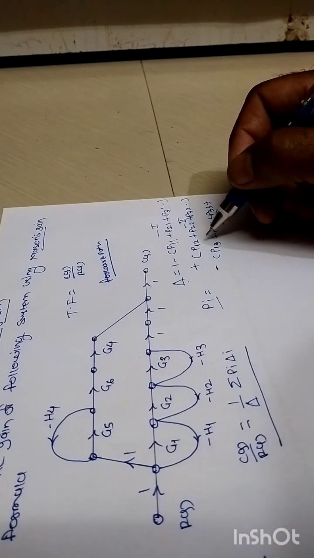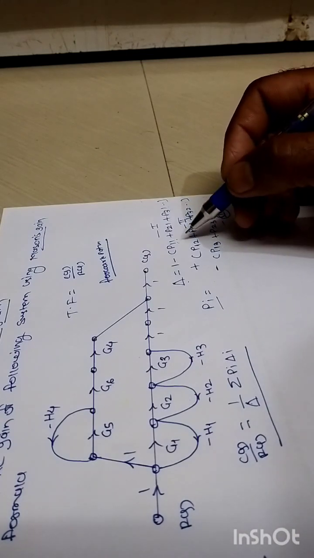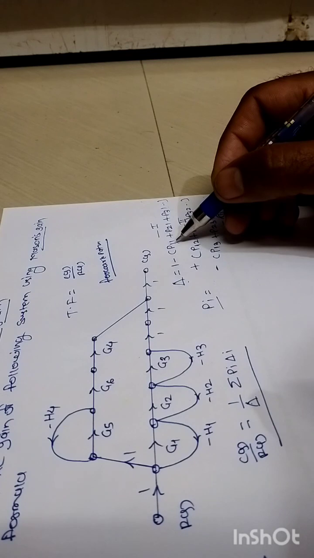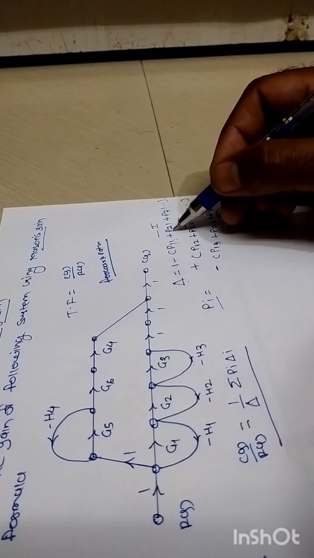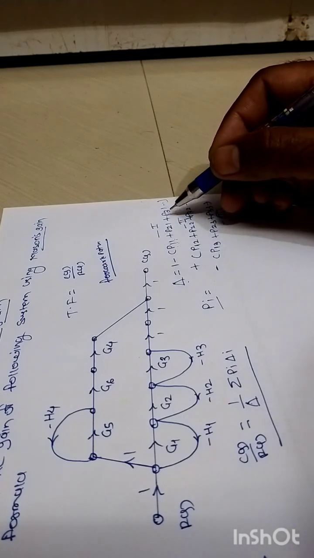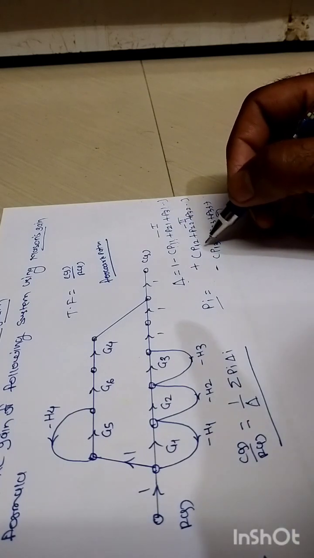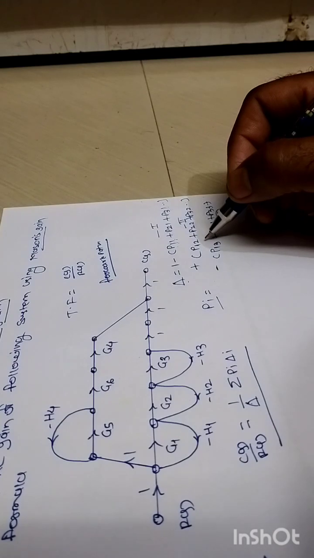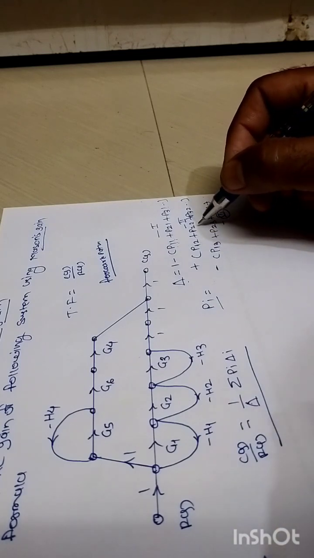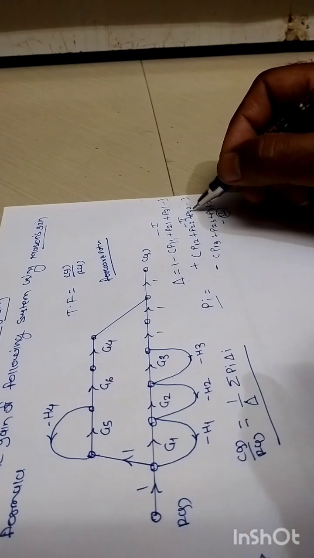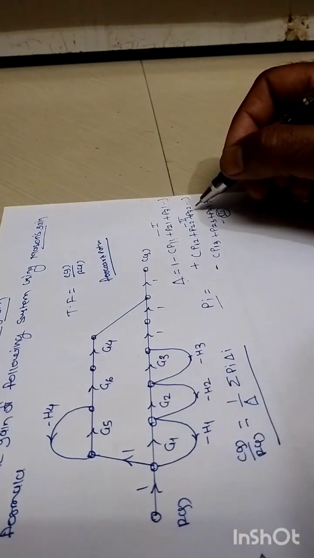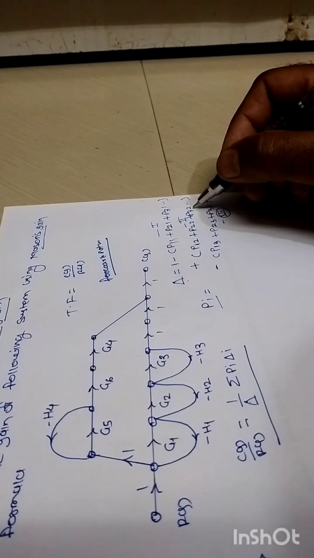As far as the second parenthesis is concerned, it is P12 plus P22 plus P32. How do we remember it? Similar to the first parenthesis, which has the first, second and third individual loop gains, P12 is the gain product of two non-touching loops, P22 is the gain product of the second pair of two non-touching loops, and P32 is the gain product of the third pair of two non-touching loops.